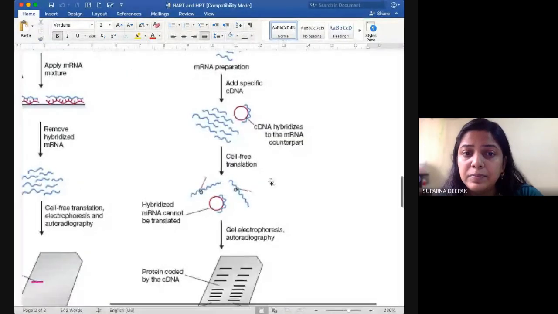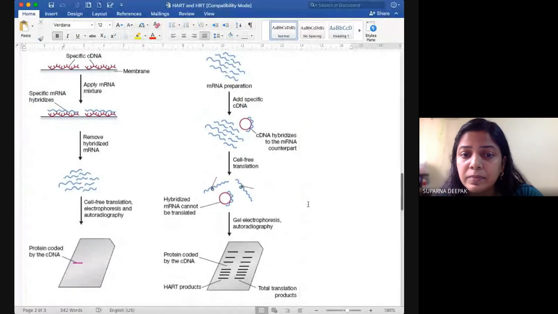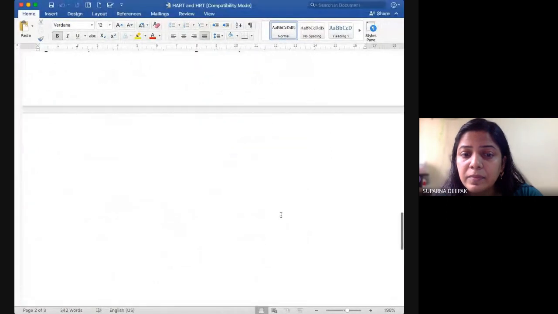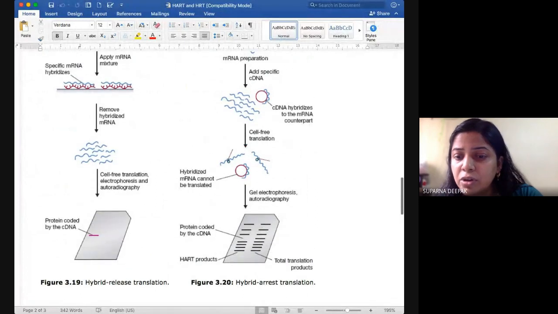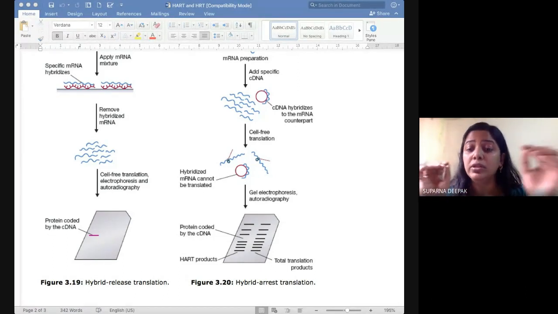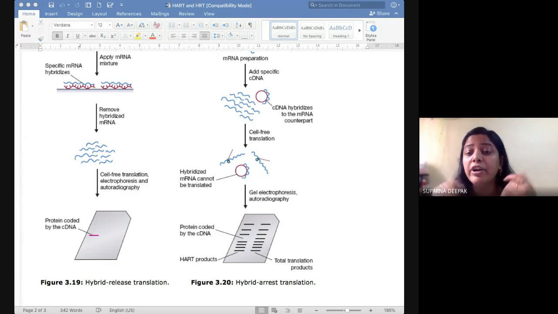Understood, students? Should anyone want me to repeat, kindly let me know. Everyone has understood the difference between the two? In HRT, we directly find the mRNA of interest by hybridization, select the hybridized mRNA, and put only that into the cell-free extract.